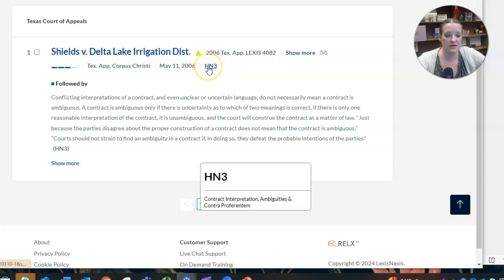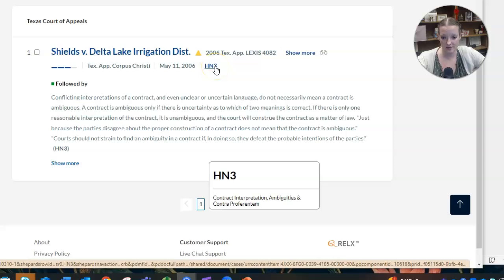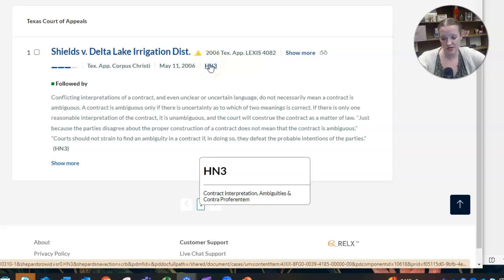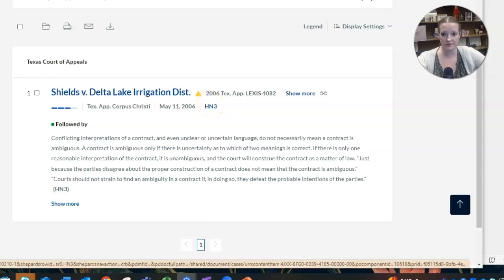And then we also see the head note 3, right? So it says use the head note assigned to identify the relevant topic of law. If you hover over head note 3, you can see our topic of law is contract interpretation, ambiguities, and contra proferentum. Okay, so Shields is our case, and then our topic is contract interpretation, etc.